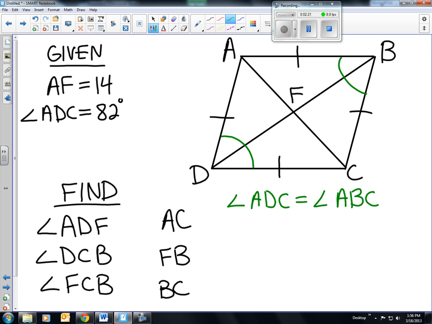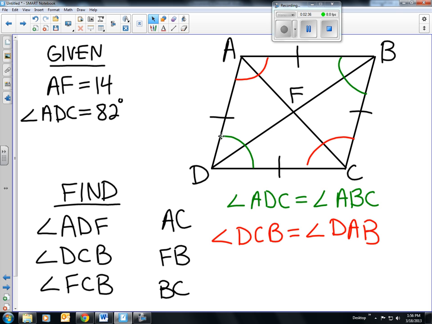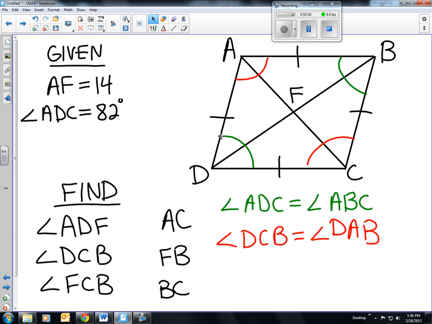The opposite angles are congruent. And we also know that angle DCB is congruent to angle DAB. And again, this is a property of just a parallelogram. So these two statements here are properties of parallelograms. However, the diagonals here are going to bisect those opposite angles.